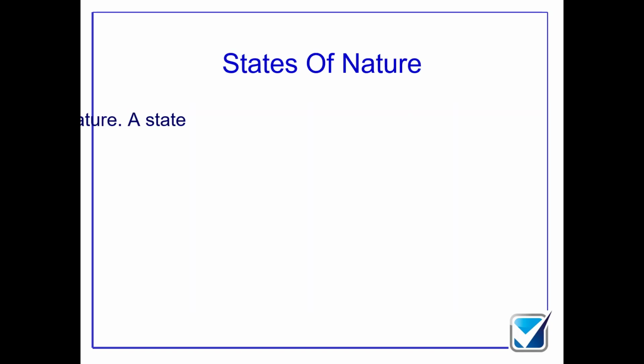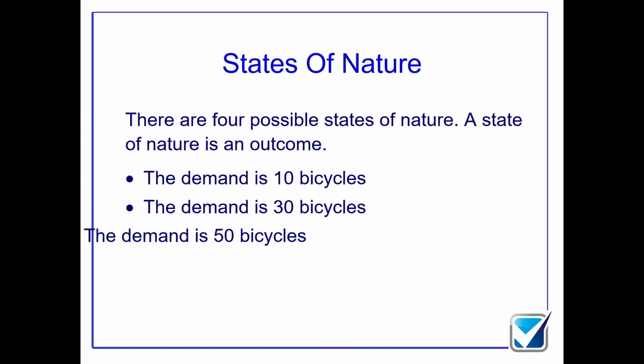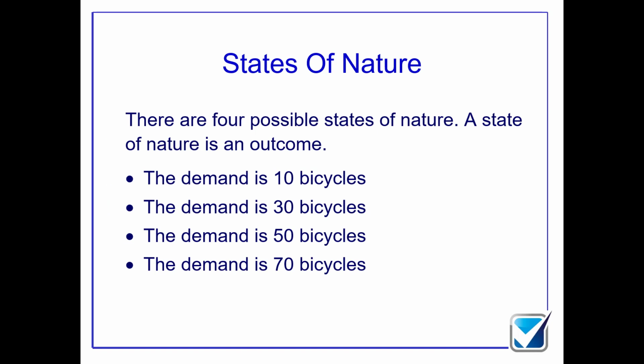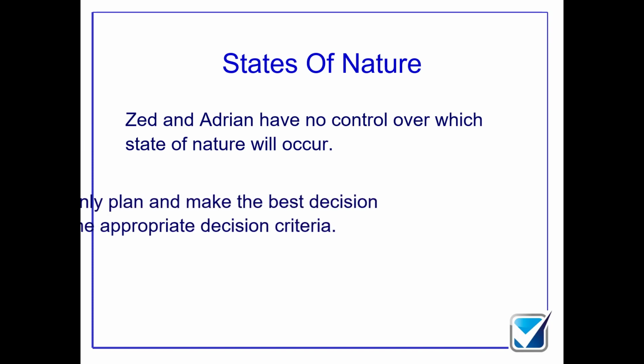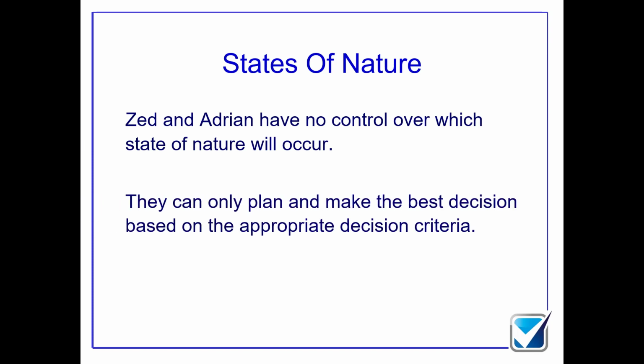The states of nature are the external factors that we cannot control. So you can see demand being very poor, or being okay, and then being good, and then being brilliant. They are our different states of nature. We've got no control over these, and that's really important to understand.